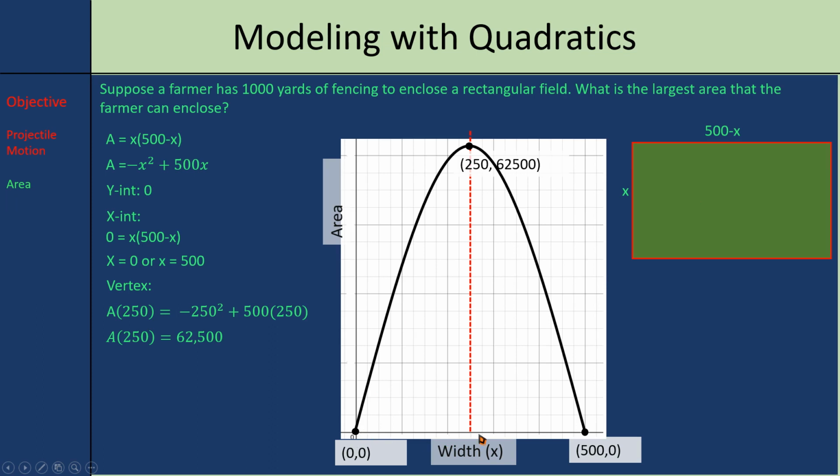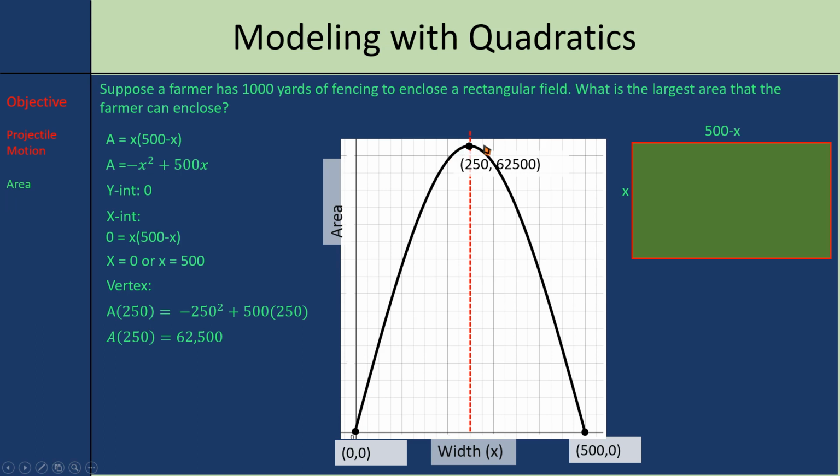So here is basically the width, how big this side is, right? So if that side is 0, so the field is really flat, like 0 for width, right here. The area is going to be 0 because it's so flat. There's no area. It's just a line. Now, if you bring the width up, the width gets bigger and bigger.